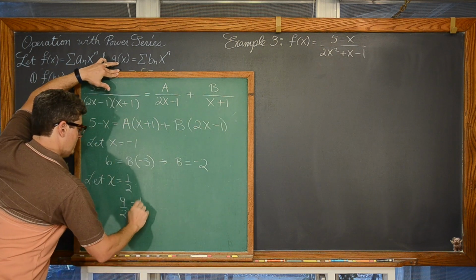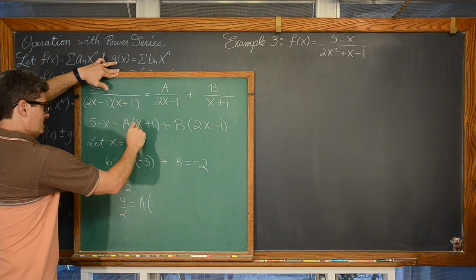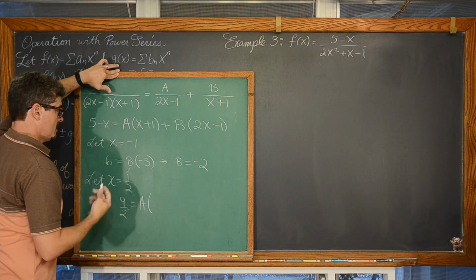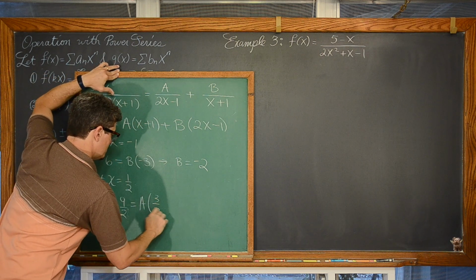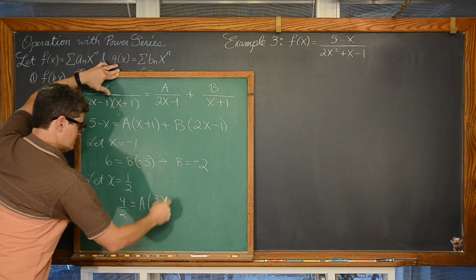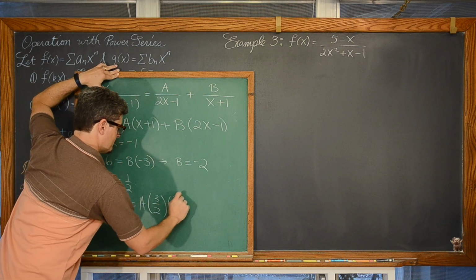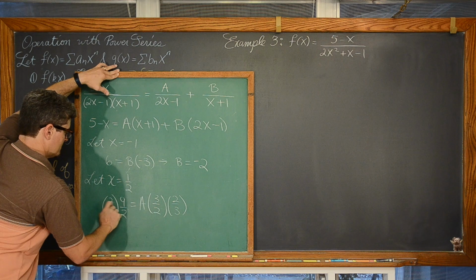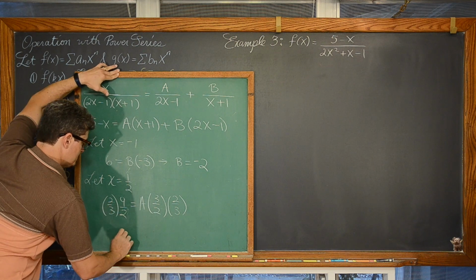So now we have a times 1/2 plus 1, which is 3/2. Multiply both sides by 2 over 3, and we get a is equal to 3.